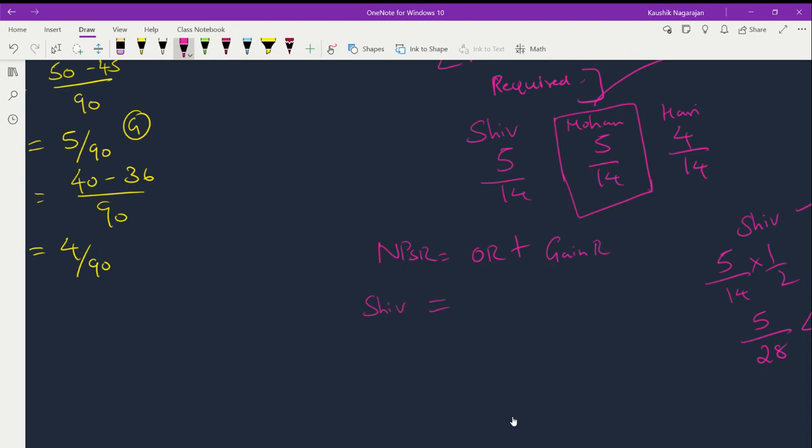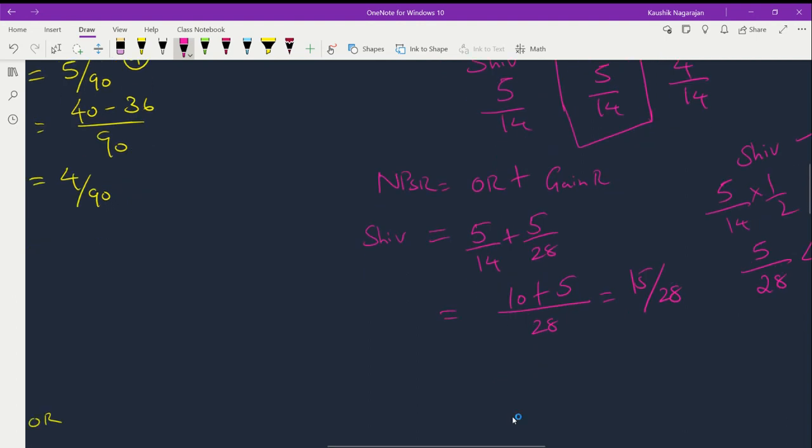For Shiv, the old ratio is 5 by 14 plus the gain which I got, 5 by 28. The LCM when I take for 14 and 28 will be 28. So 14 twos are 28 and 5 twos are 10, plus 28 into 1 will be 28, 5 into 1 is 5. So this gives me 15 by 28.